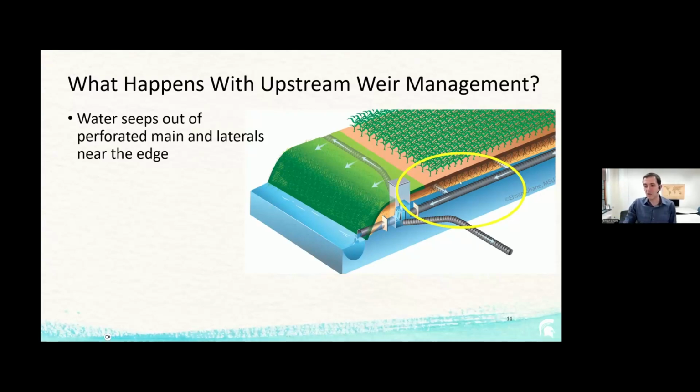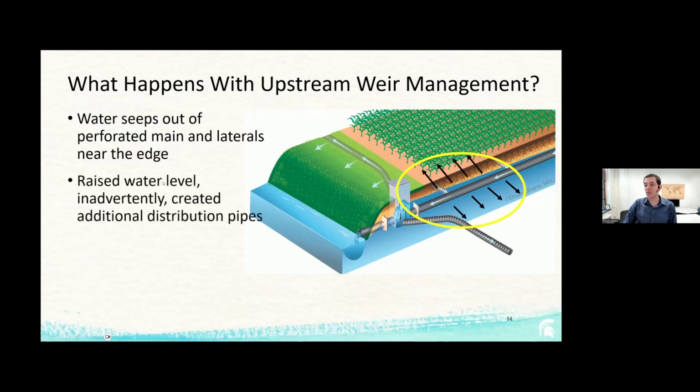And here, because of all of these perforated pipes, water slowly seeps out of them because the field has a slope downwards. As water seeps out, it starts to increase the lateral seepage. So the raised water level inadvertently creates additional distribution pipes. That's the amazing part of the system that we didn't know before.